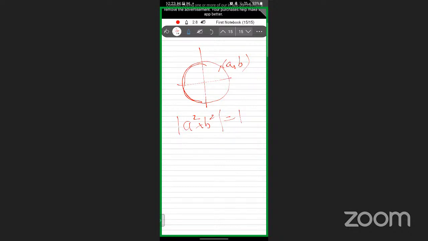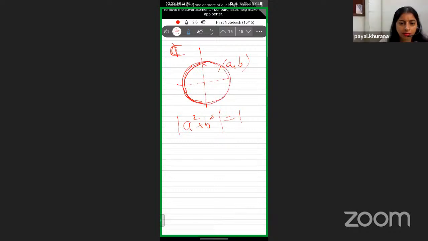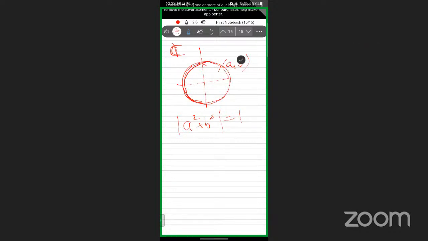This is my complex plane. And this unit circle, these are all the values which satisfy mod of a squared plus mod of b squared equal to 1. Do you agree to this? Yes, sir.